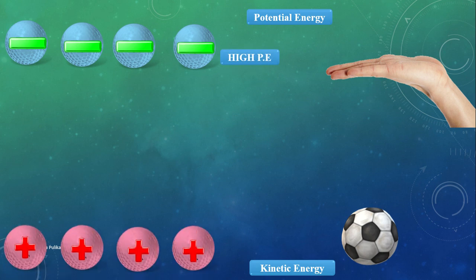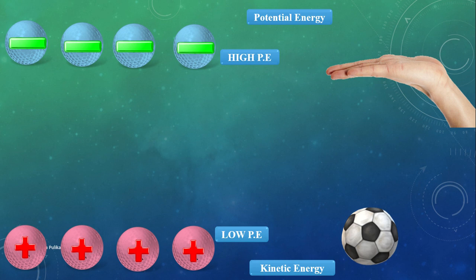a negative charge close to another negative charge has high potential energy. If it is left free, what will happen? You can see a row of negative charges and a row of positive charges here. If left free, the charge will be repelled by the negative charges and will move towards the positive charge, since like charges repel and unlike charges attract each other.